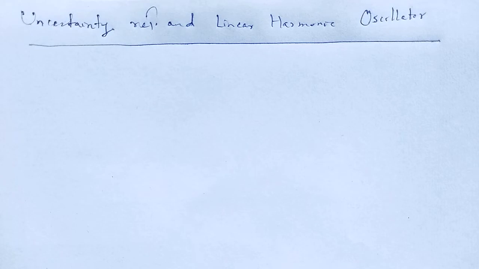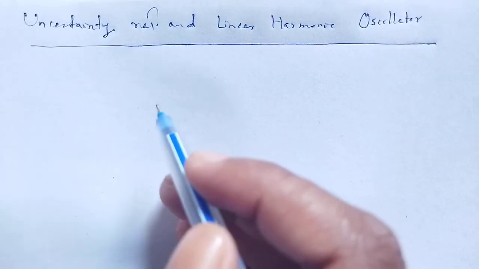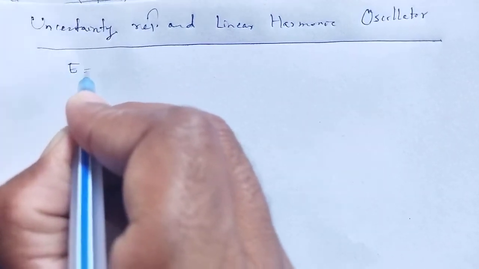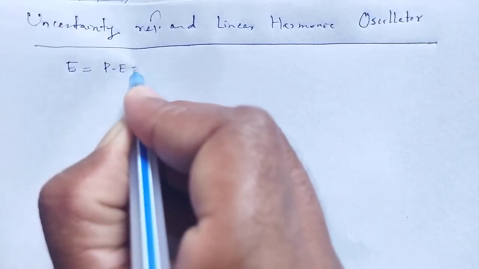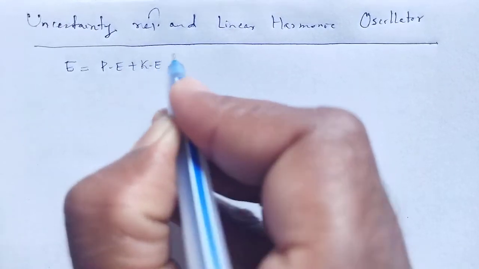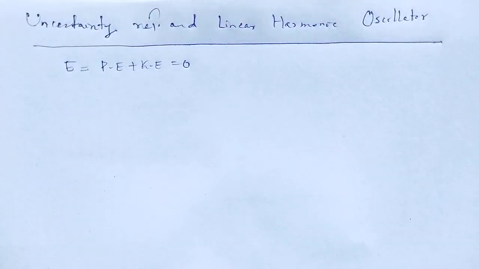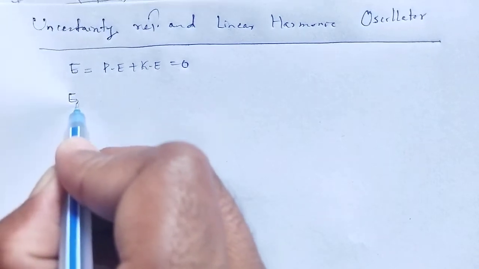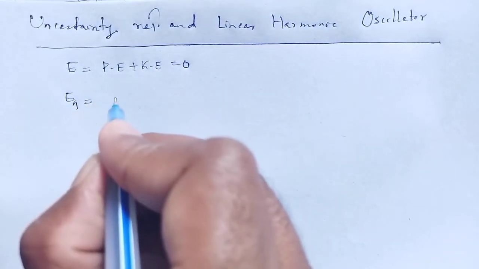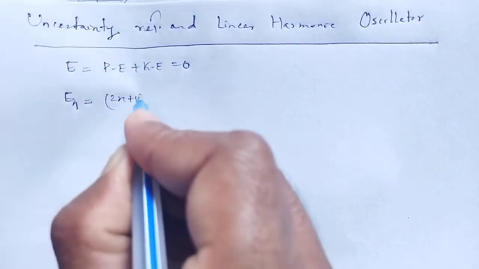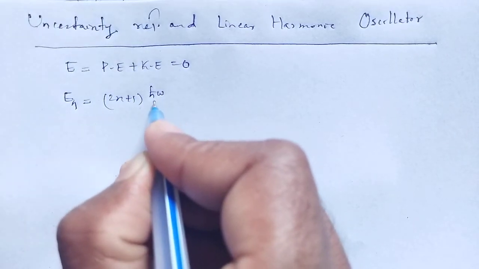At the limiting value of the displacement, the total energy, that stands for the potential energy and the kinetic energy, will be 0. But the energy of the oscillator in the nth quantum state will be (2n plus 1) h cross omega by 2.